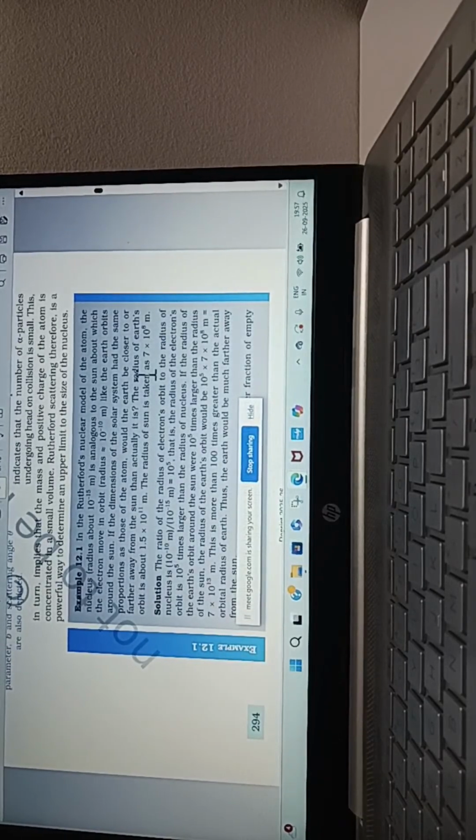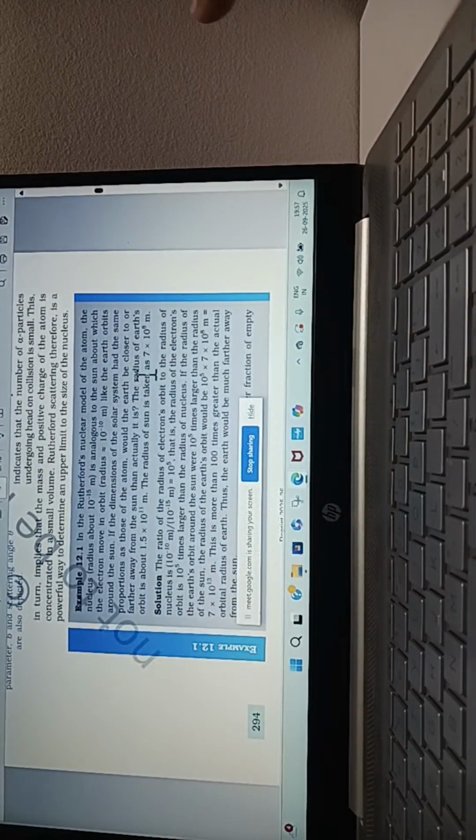Okay, so that is the one given. Another one given is the radius of the orbit, 10 to the power of minus 10, like the earth orbits around the sun. How is the earth revolving around the sun?